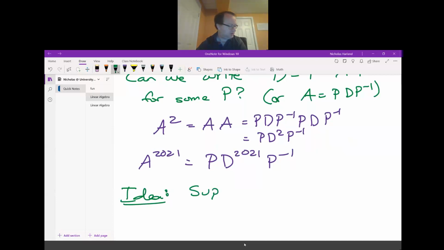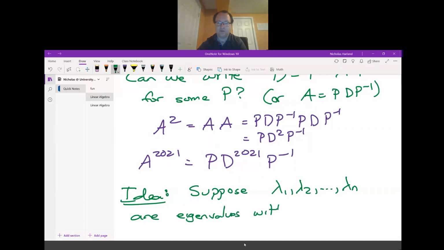Let's suppose that lambda 1, lambda 2, up to lambda n are eigenvalues with eigenvectors v1, v2, up to vn.